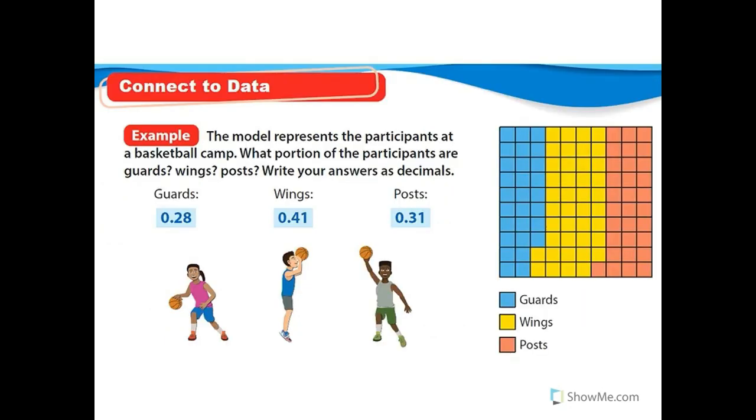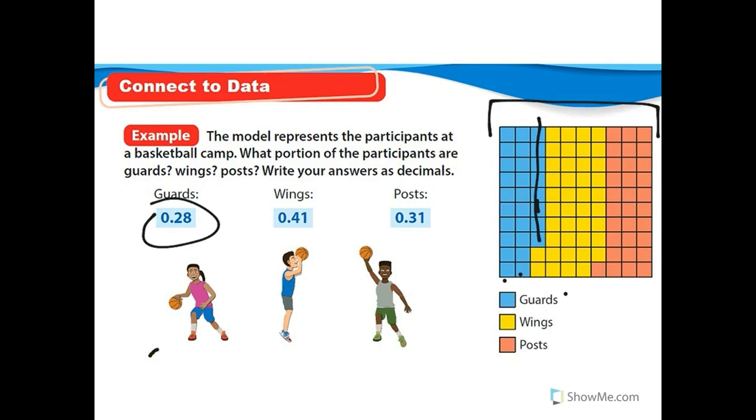Alright, let's connect what we've learned to data. The model represents the participants at a basketball camp. What portion of the participants are guards, wings, posts? Write your answers as decimals. So guards would be blue, and there's 10, 20, and this is 8, so 28 hundredths, right? Because this shows that there's 100 participants, and 28 out of 100.